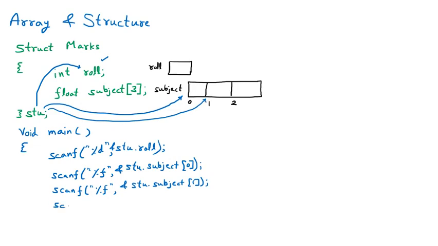Then we can say scanf %f for the float value. Then we are saying address of stu dot subject 2. So we are taking the value of 2.